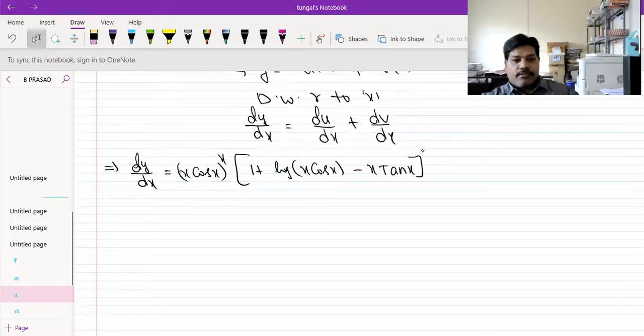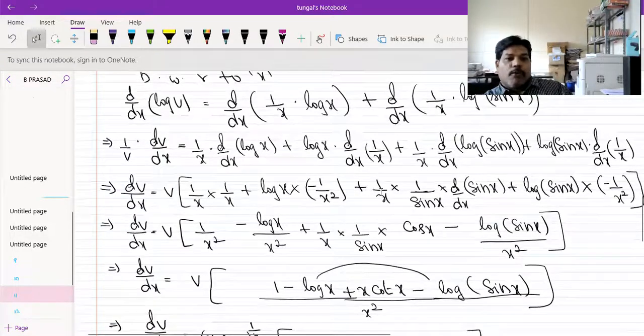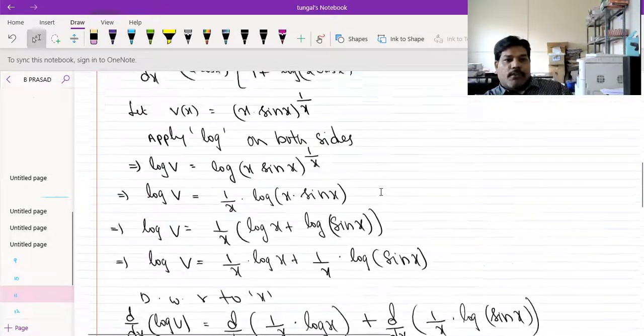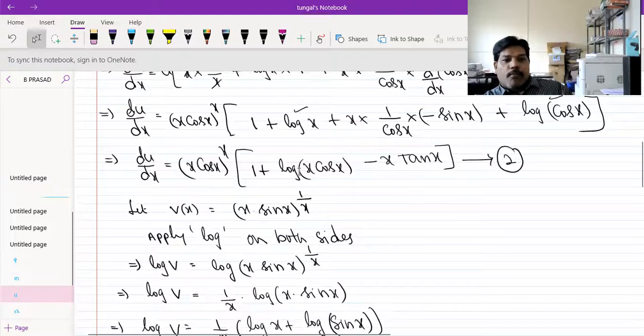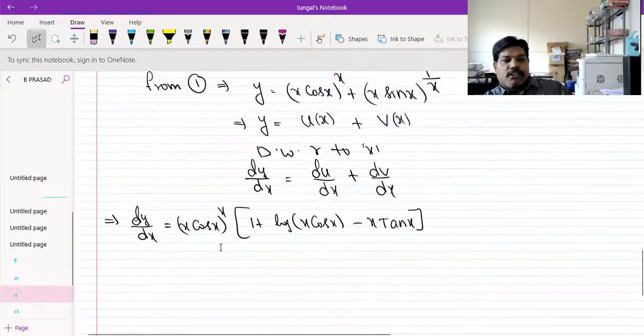Just to verify the term, students: (x cos x)^x, 1 plus log of x cos x minus x tan x. Okay. So next plus, what is the dv by dx?